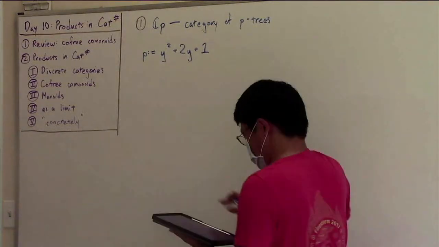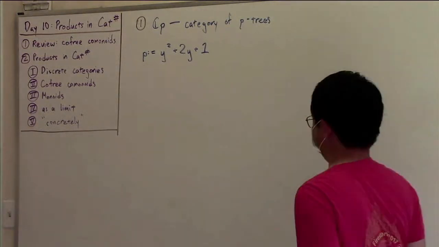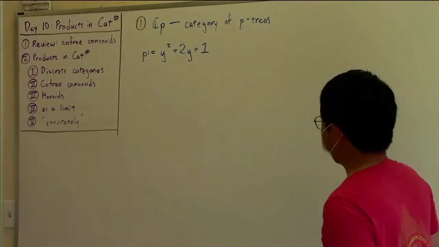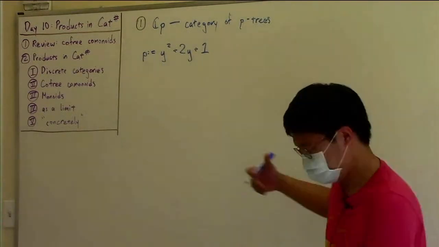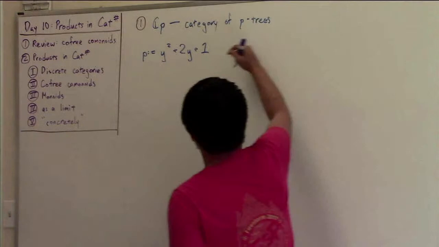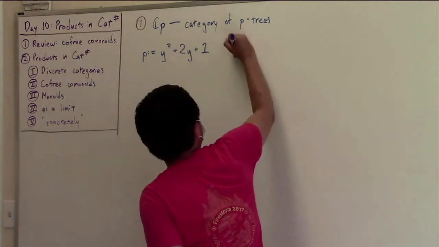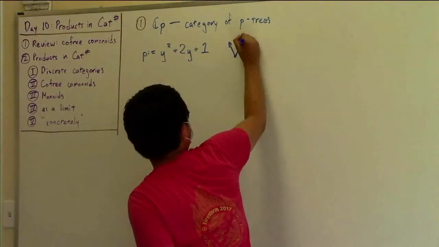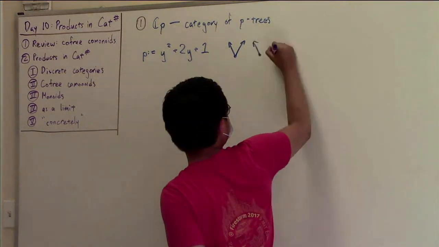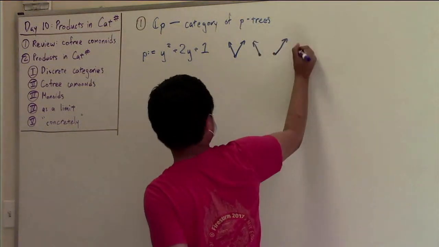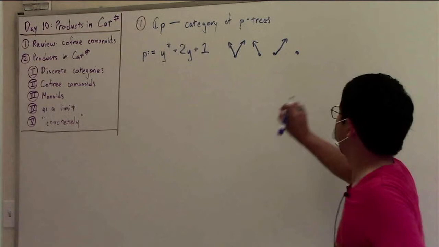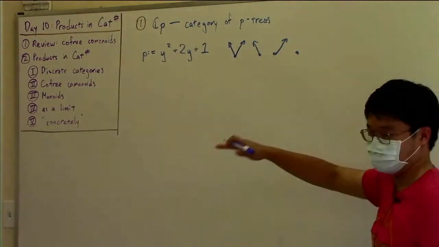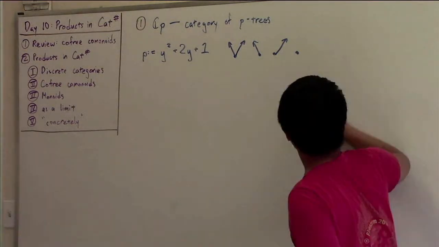I was a little more rushed then, but hopefully you can come to appreciate this better now. You can think of this p as having 4 different corollas: one with 2 directions, 2 with 1 direction each, where I've drawn them in different directions to distinguish them, and this one with no directions.